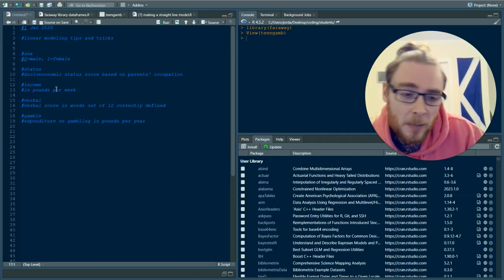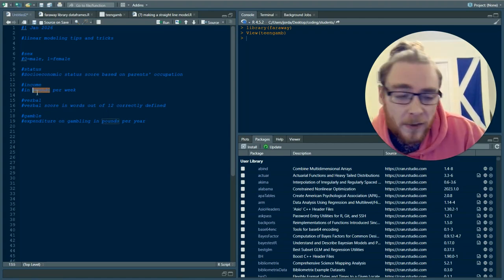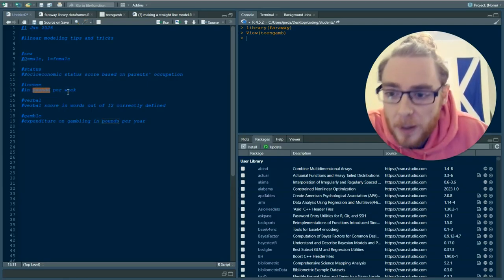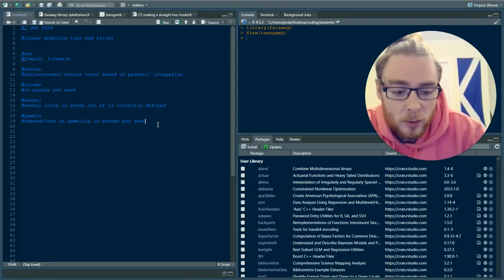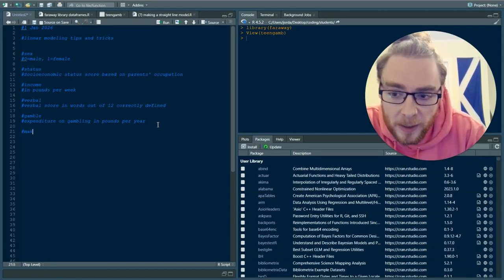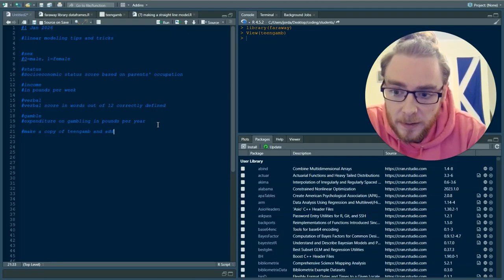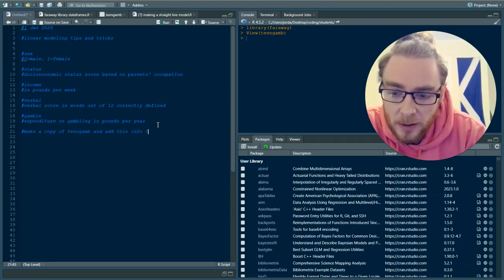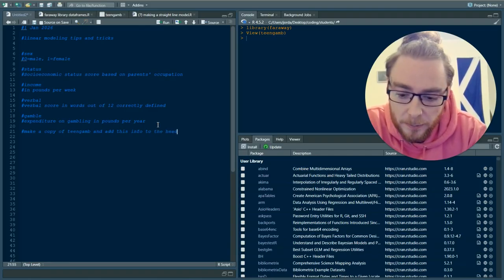Obviously, income in pounds per week, the fact that it's pounds is very important to know, and the fact that it's per week is very important to know. So let's make a copy of teengamb and add this information to the headers.